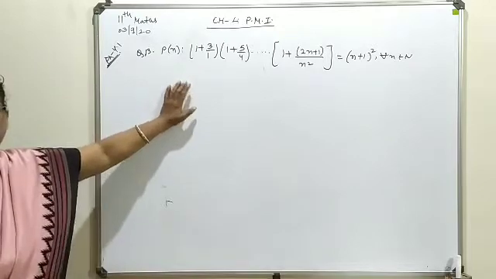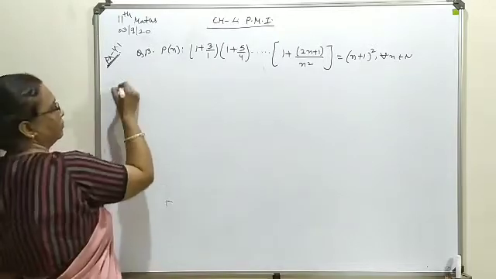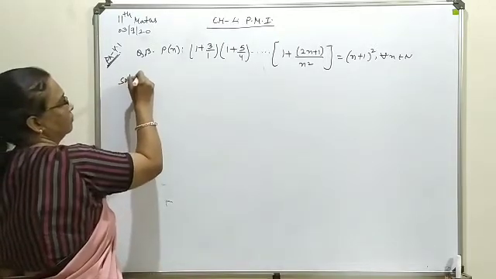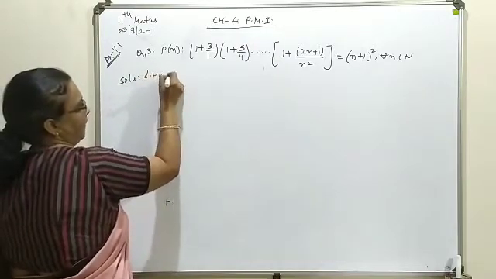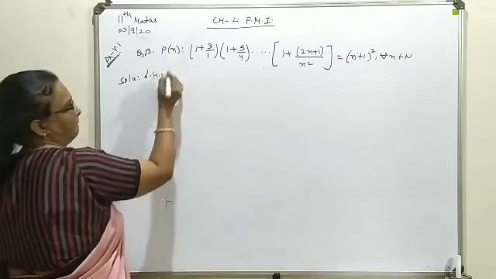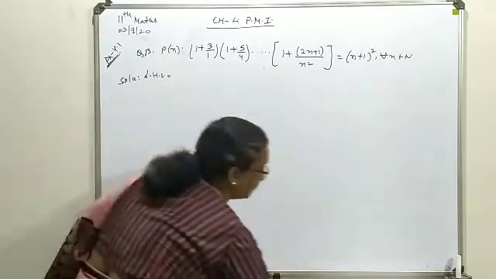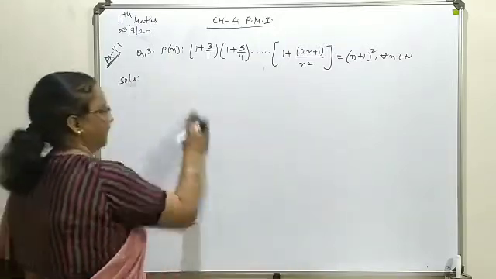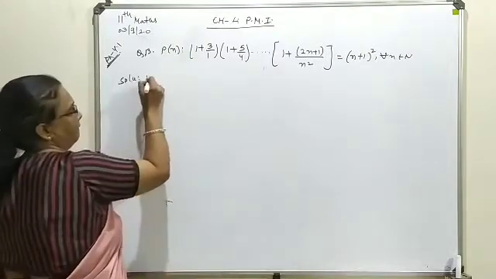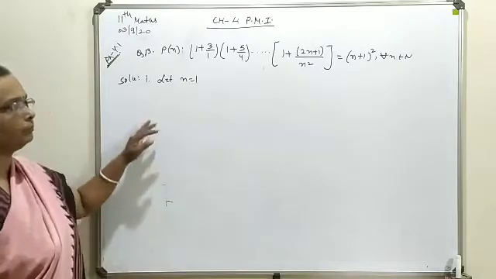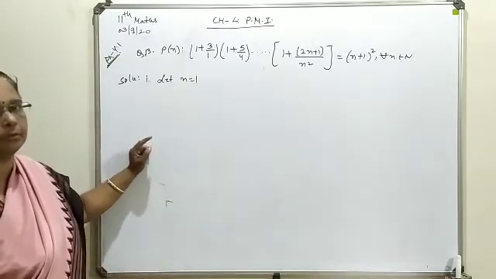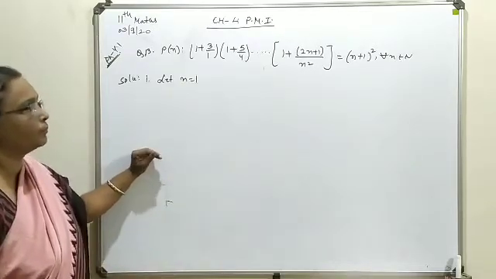Now let's start with the first step. Here n is equal to 1 means the first bracketed term.